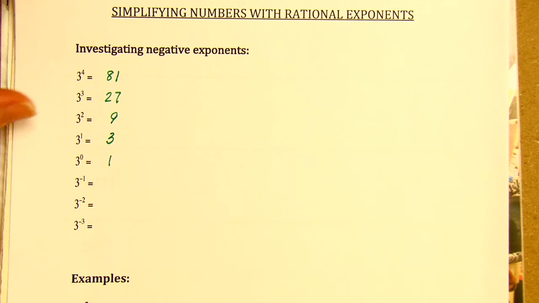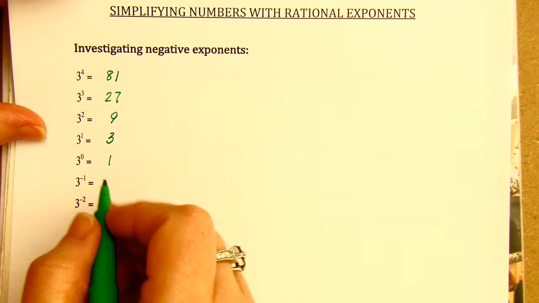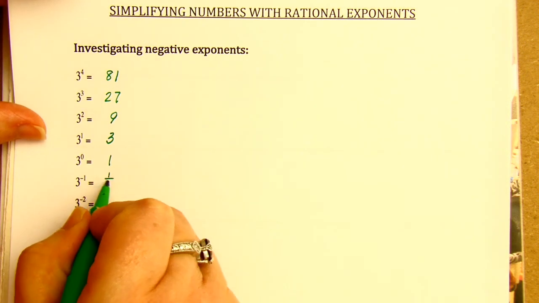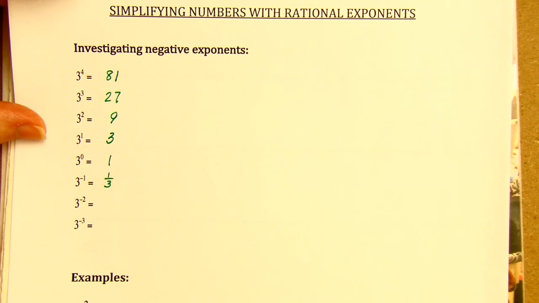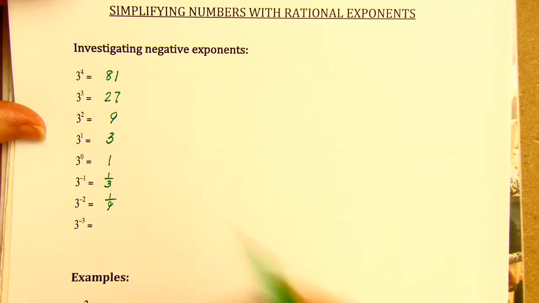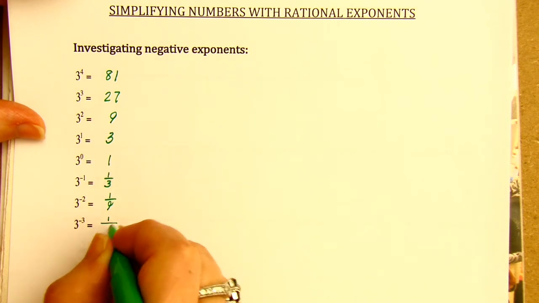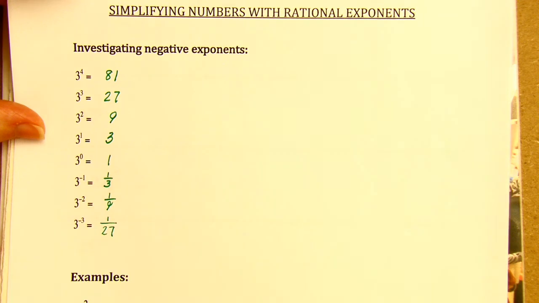Okay, so if we continue on with the pattern, we will see that 1 divided by 3 is 1/3. And 1/3 divided by 3 is 1/9. And 1/9 divided by 3 is 1/27.